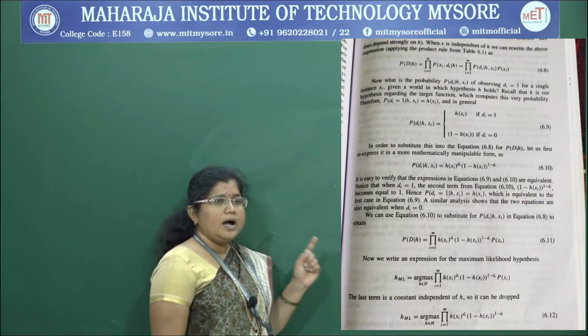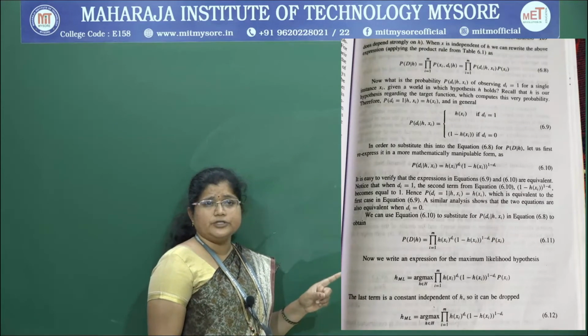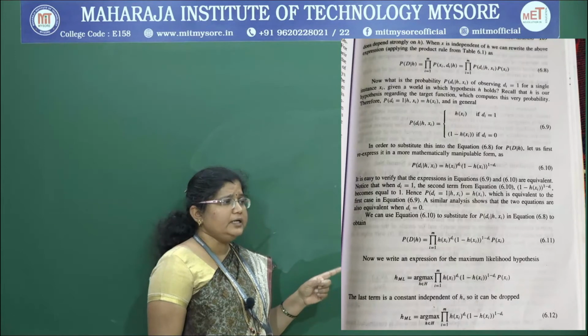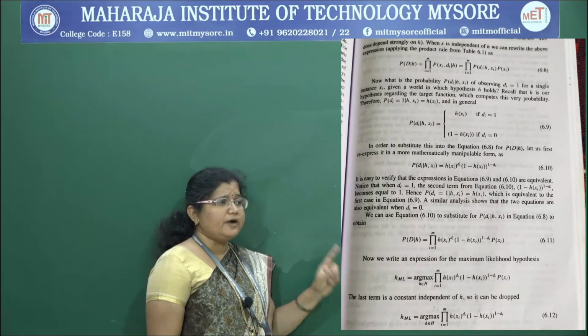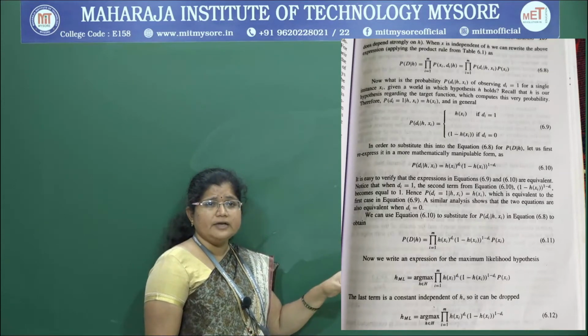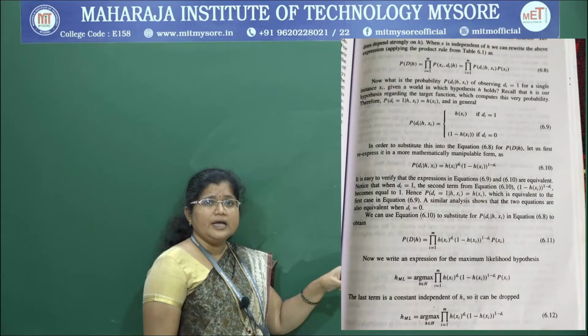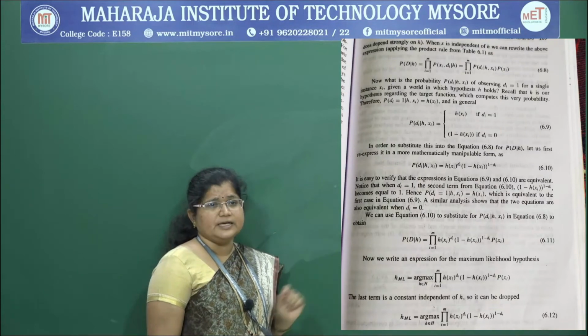Next, apply the product rule. When you apply the product rule, we obtain P of D given h equals the product of i equals 1 to m of P of di given h comma xi, into the probability of the training example xi.